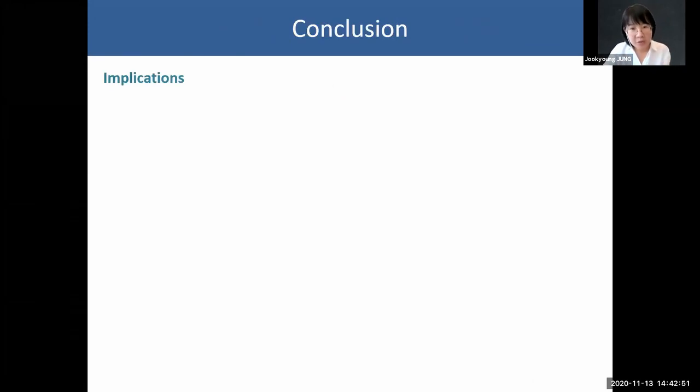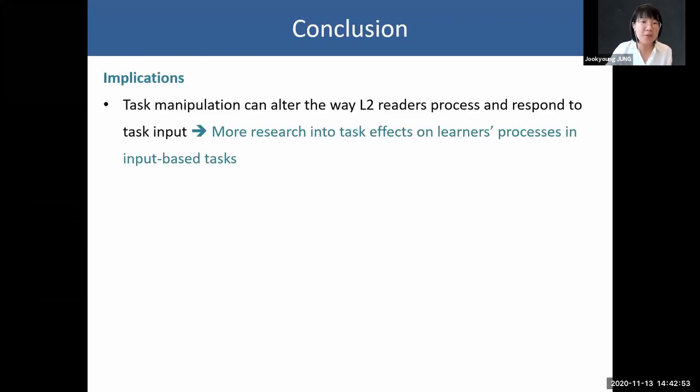The implications of these studies may be summarized as follows. Firstly, task manipulation can alter the way L2 readers process and respond to task input, and more research into task effects on learners' processes in input-based tasks is required.